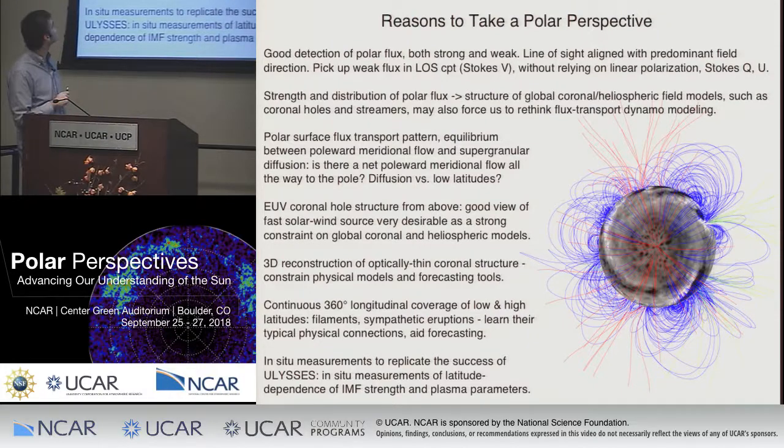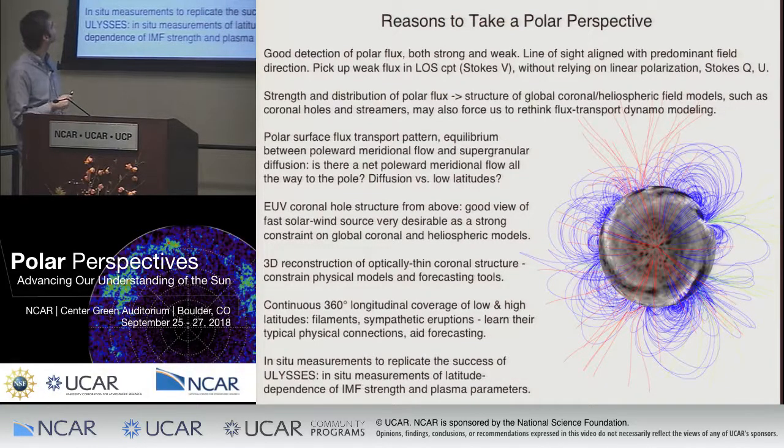This is very important for getting correct the strength and distribution of the polar flux, which would have great knock-on effects for the coronal and heliospheric models, or coronal holes and streamers, and may also force us to rethink flux transport dynamo modeling, because we see something unexpected. On that point, the flux transport pattern could be deduced from a time series of these observations.